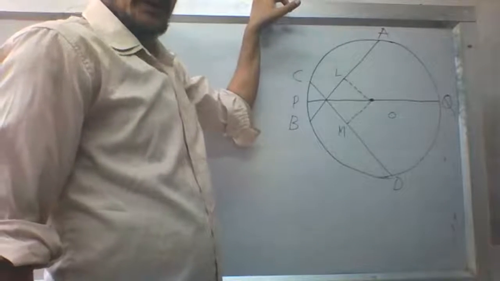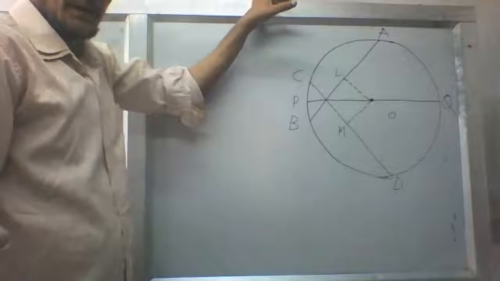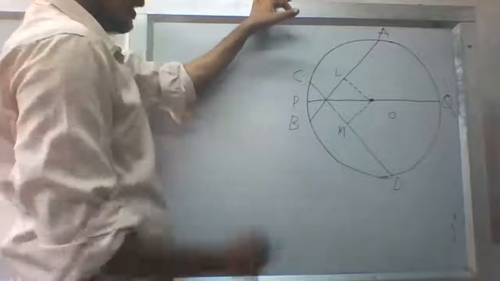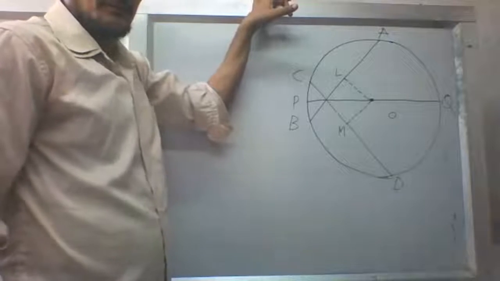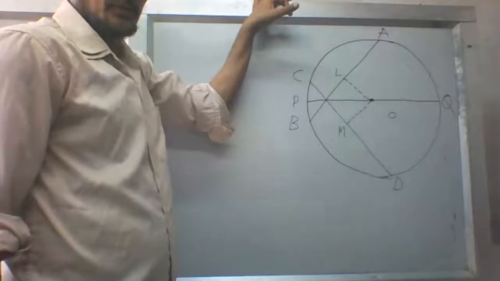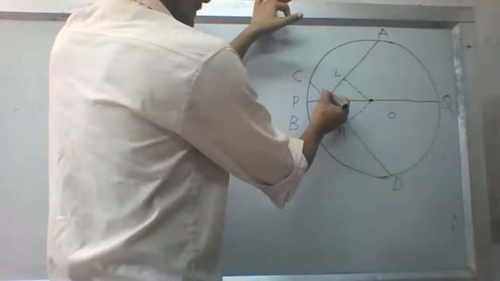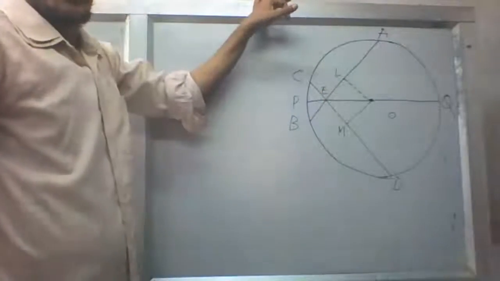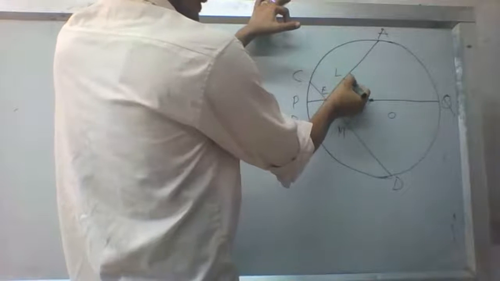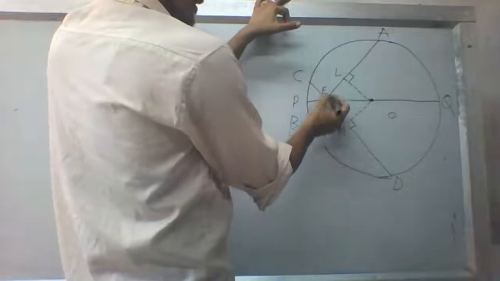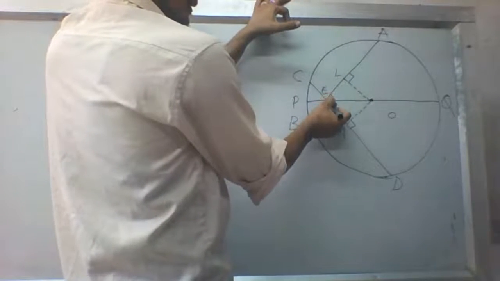This is a point where it is touching this one. A, B, C, D, E or F, anything you can take. So I am going to take E here. Now, how many angles are you watching here? 90 degrees, 90 degrees, this angle, this angle.